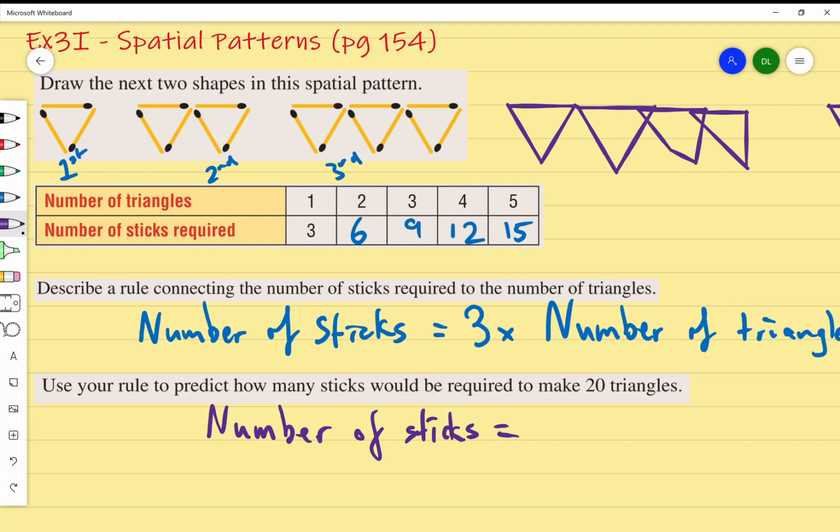So what information do I have in this question? 20 triangles. Good, we're looking for 20 triangles. So instead of writing number of triangles, I write 20. So that equals 60, and therefore, if I wanted to make 20 triangles, I would need 60 sticks. Make sense? So we're using that rule.